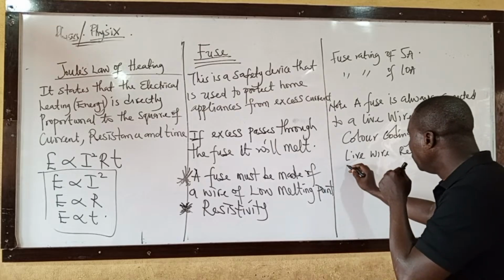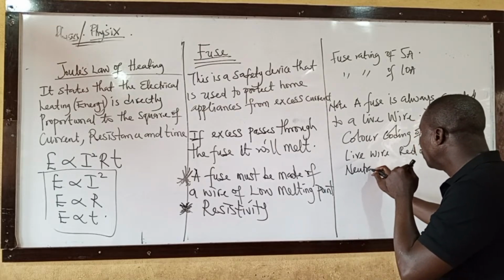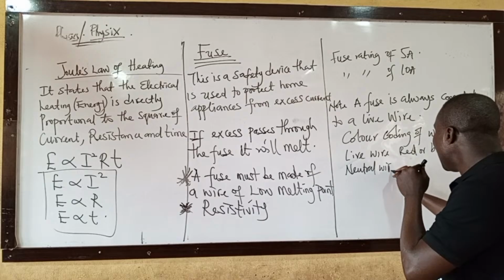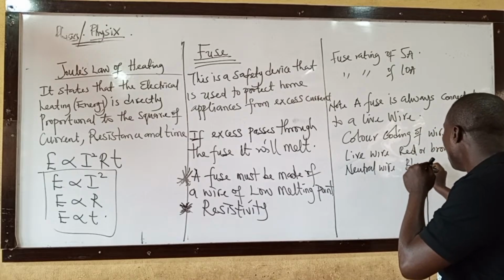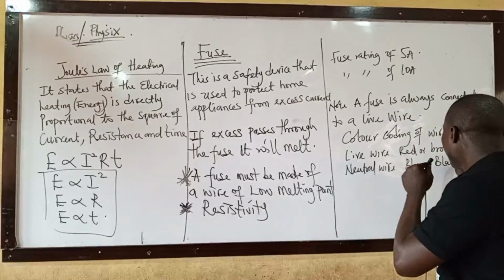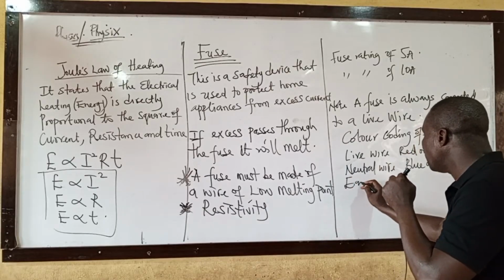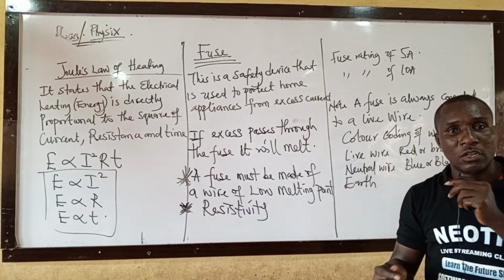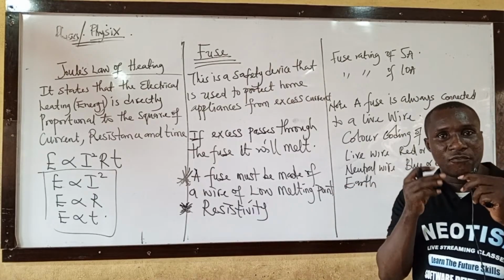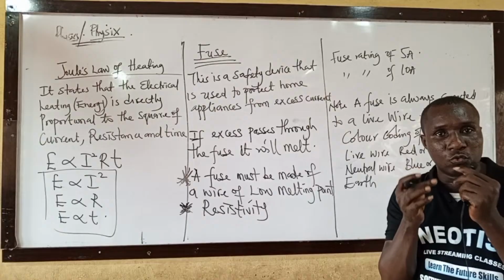Then we have neutral wire. Neutral wire is blue or black. Then we have earth. This one protects the user from being electrocuted.